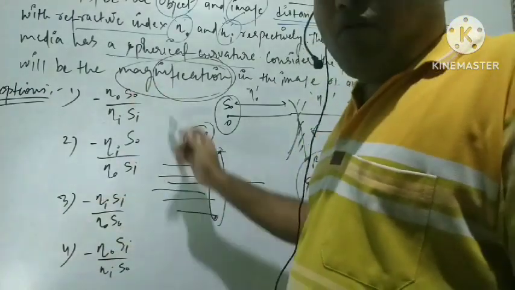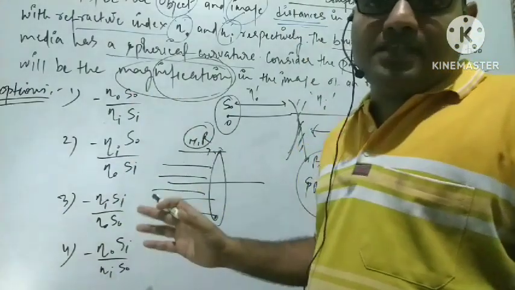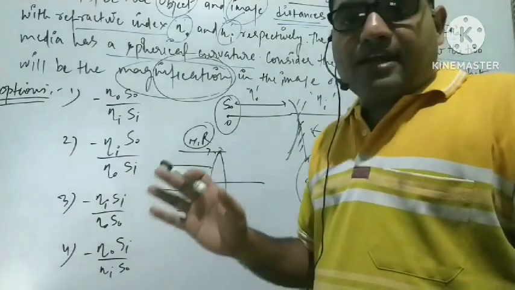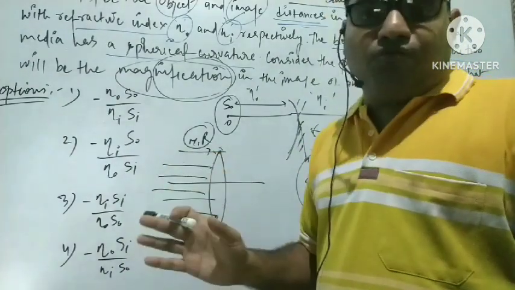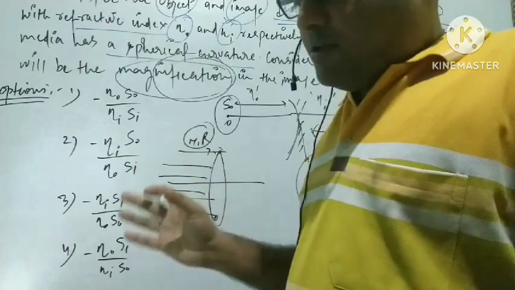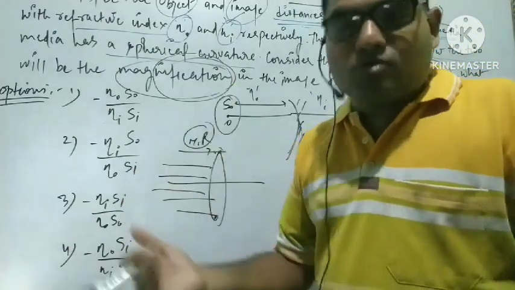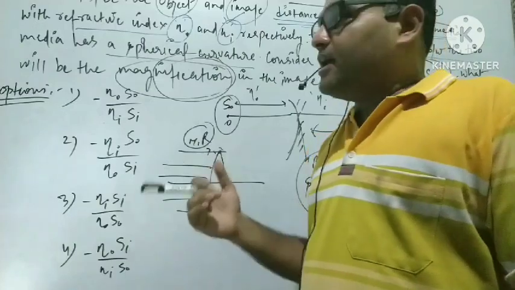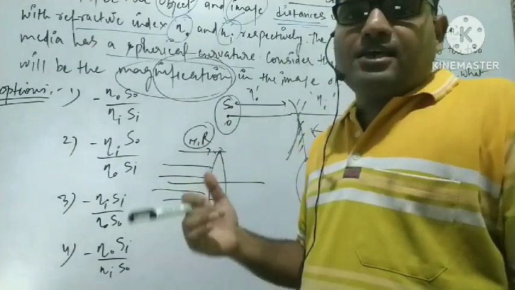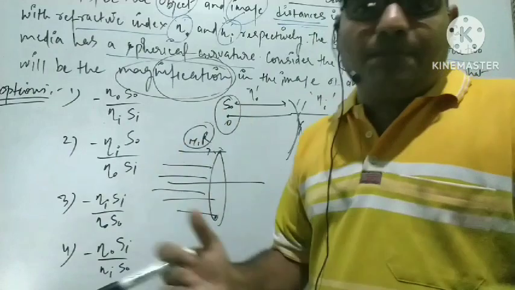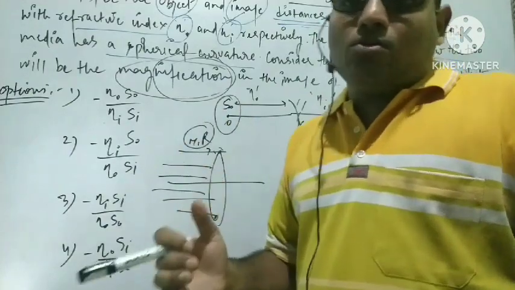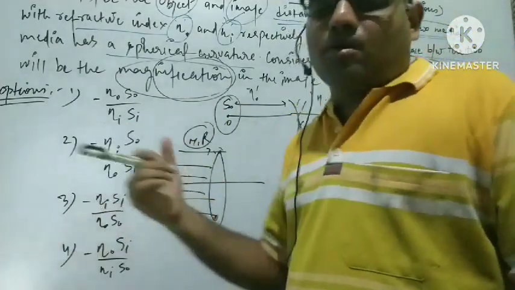This type of options is always given in competitions, looking alike, so that the candidate cannot guess or bluff without the concept. The question is asked so that we can identify genuine candidates who have the concept to rely on. Let us see how to solve this problem.